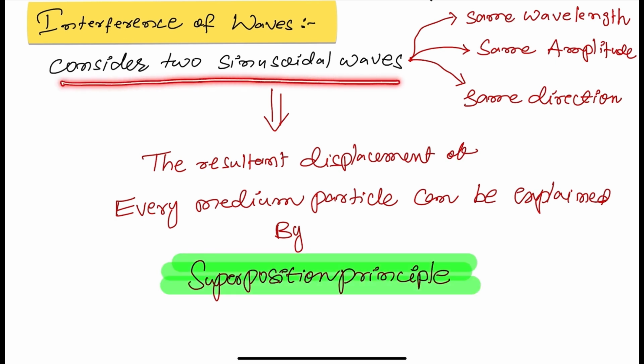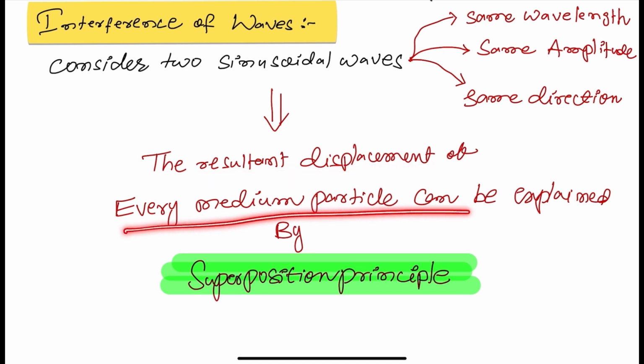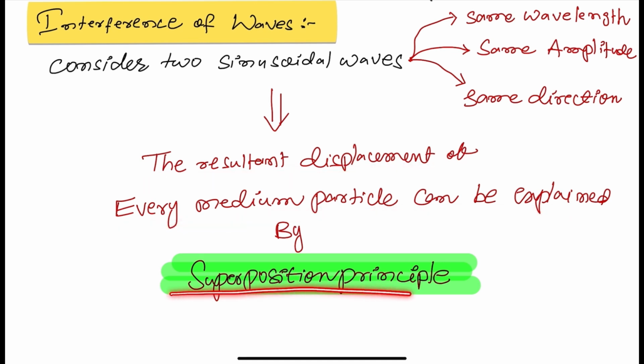Two sinusoidal waves are taken which have the same wavelength, same amplitude, same direction, along the same straight line. For every particle in that medium, the resultant displacement can be explained by using what formula?